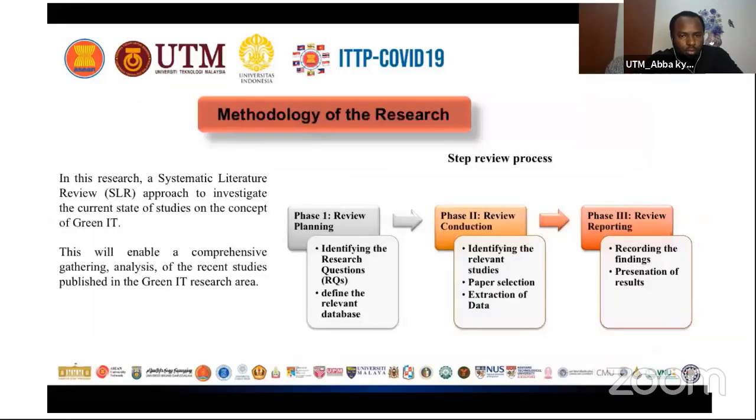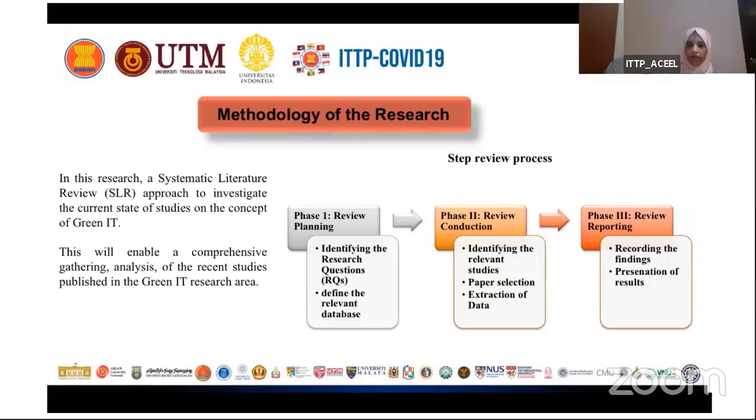Methodology of the research: the method we follow in this research, step by step, for the review process. In this research, a systematic literature review approach is used to investigate the current state of study on the concept of green IT. This study will enable a comparison and analysis of recent studies published in the green IT research area.